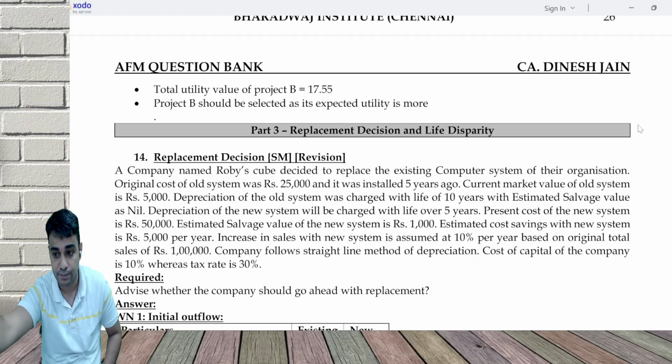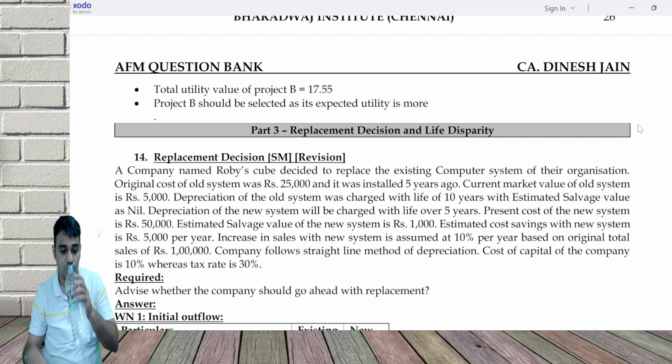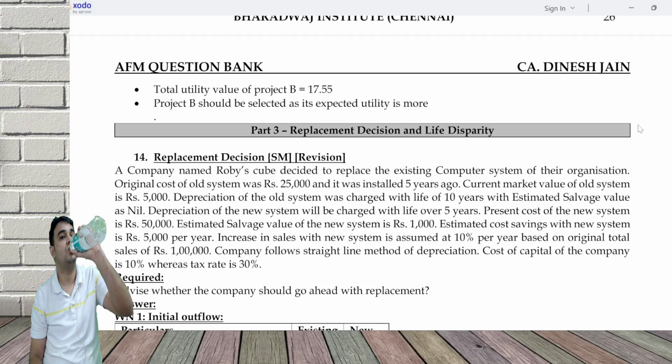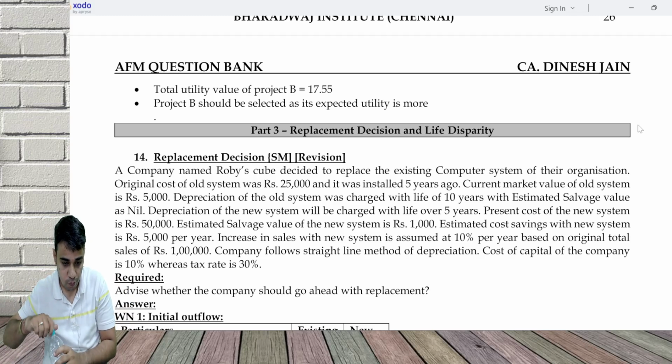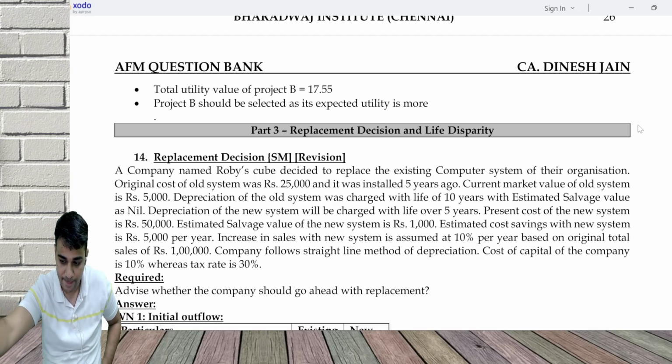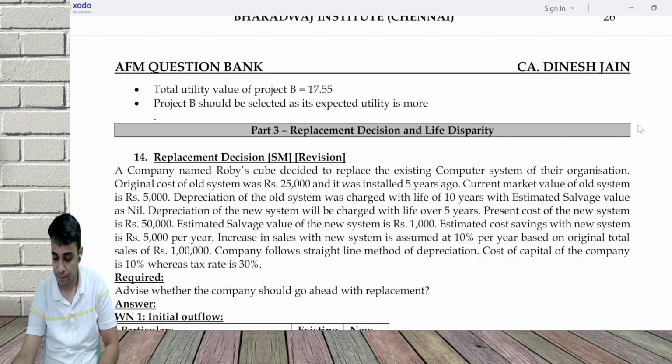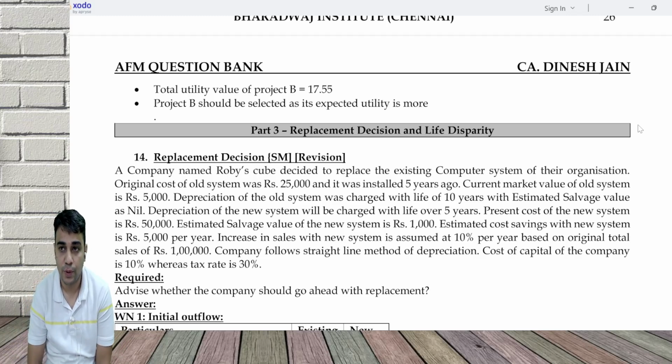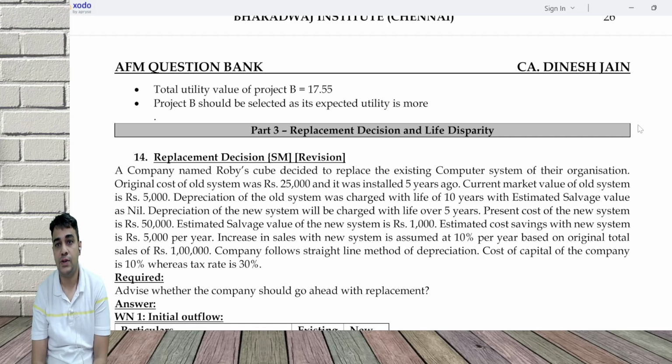Go through the question. We'll analyze old separately, new separately.